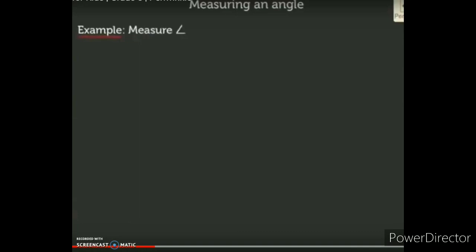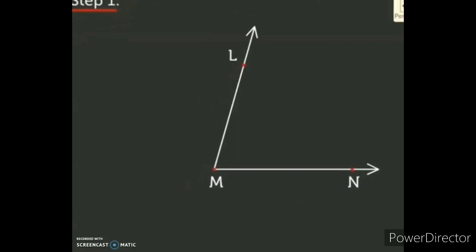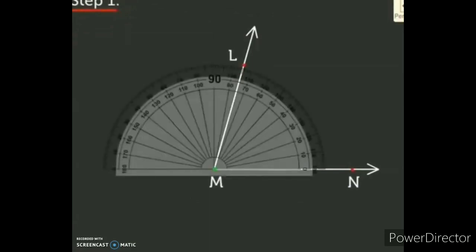Next, children, measuring an angle. Here we need to measure angle LMN. So what to do? Step 1, place the center of the protractor on the vertex of the angle. The vertex is M. Okay children? The zero line should be kept on the base of the angle.